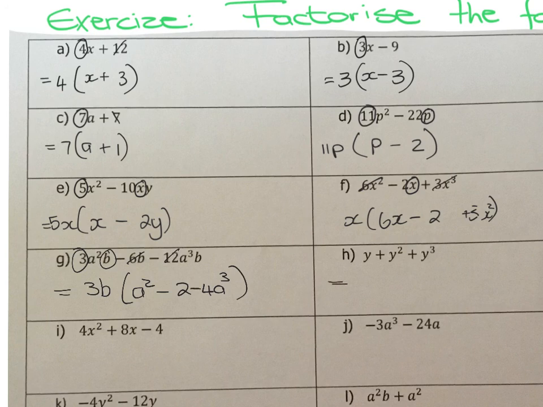Number h. Here's no numbers, but y is my common factor. What will be first in my bracket? Y times 1 gives me y, plus y times y will give me y squared. And the last one, y times y squared gives me y to the power 3.